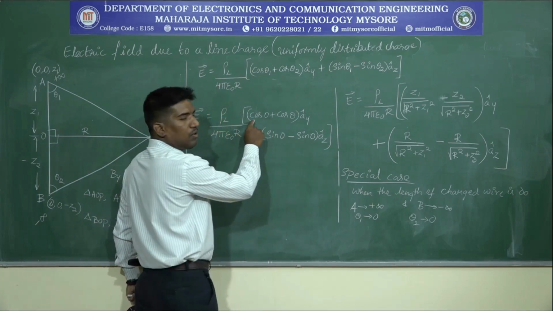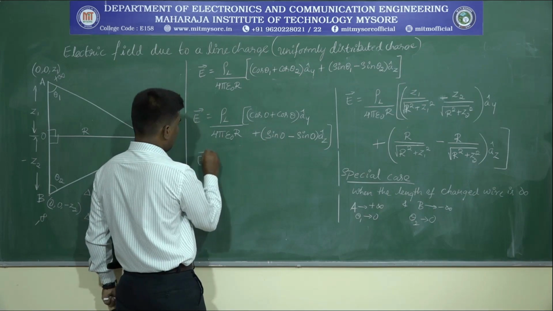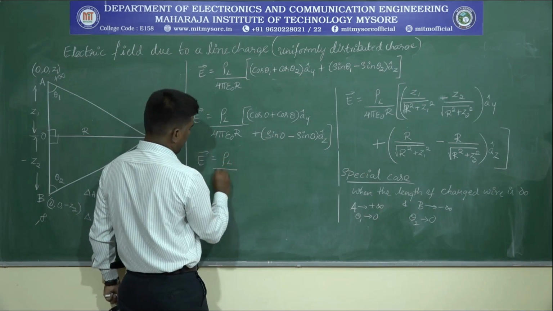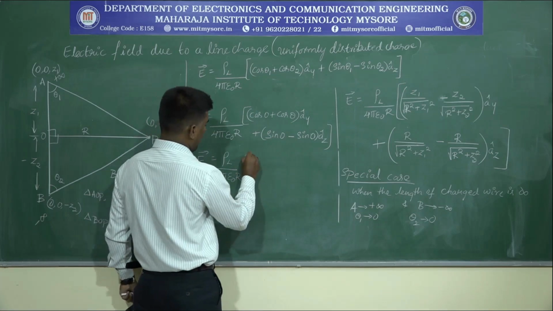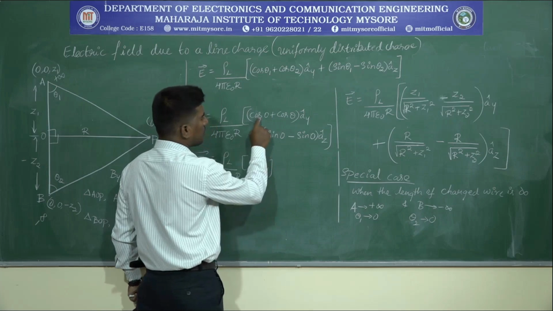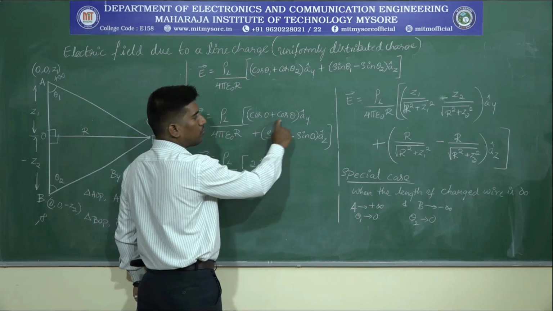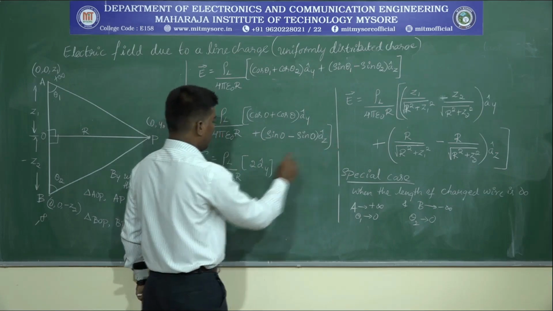What is cos 0? 1. What is sin 0? 0. Then E is equal to rho L divided by 4 pi epsilon naught into R into 2 a cap y. Cos 0 is 1, 1 plus 1, 2, 2 a cap y. This quantity becomes entirely 0.